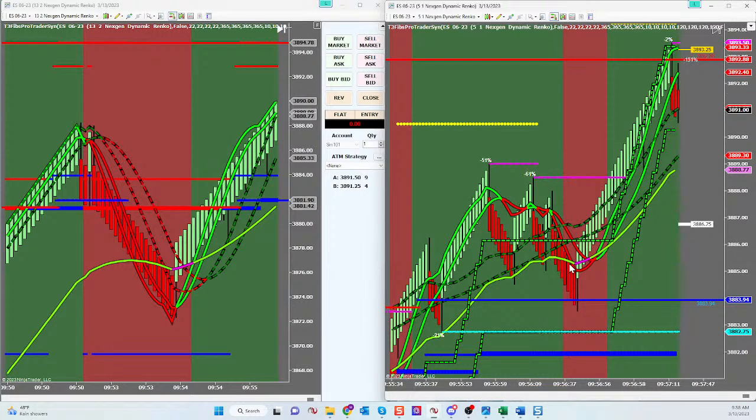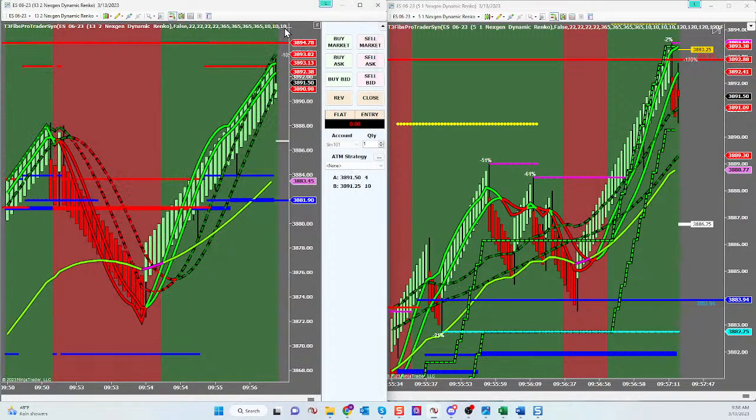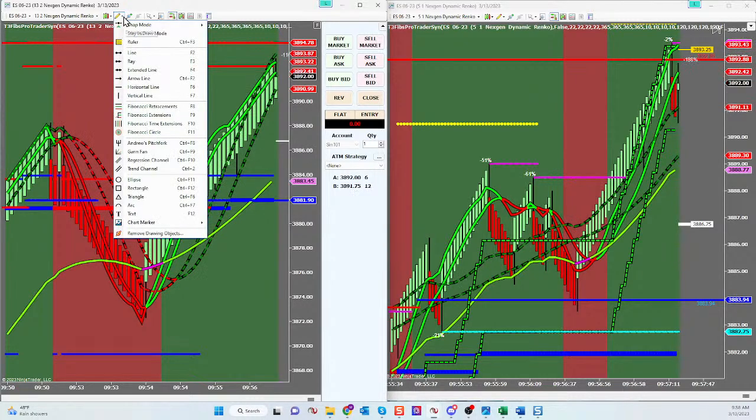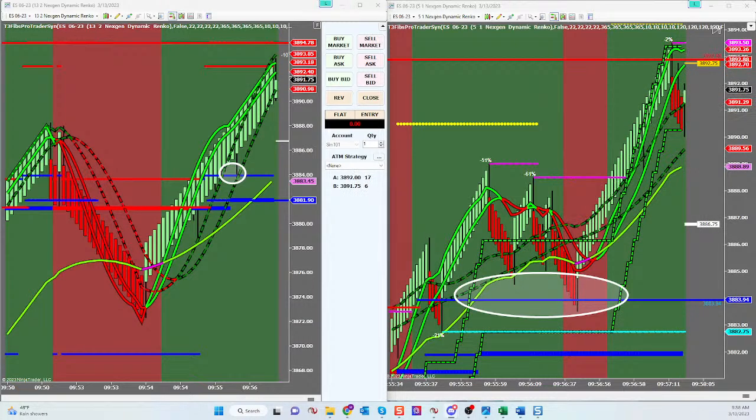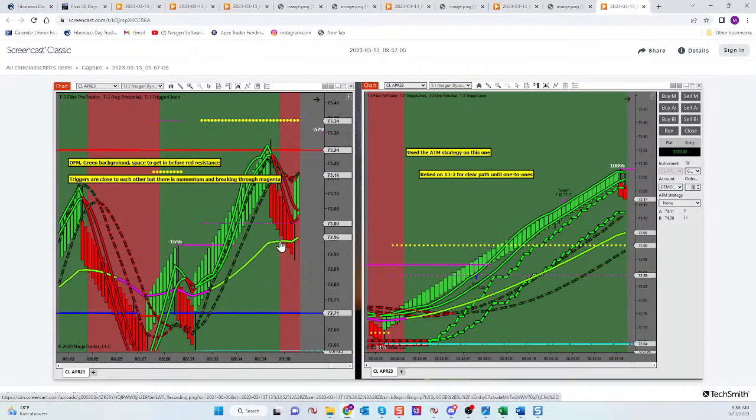And it gives you a pullback to support inside of favorable large triggers to finish the move up to the fib. Pretty cool, isn't it? It happens over and over. Finishing the business to get to the fibs.